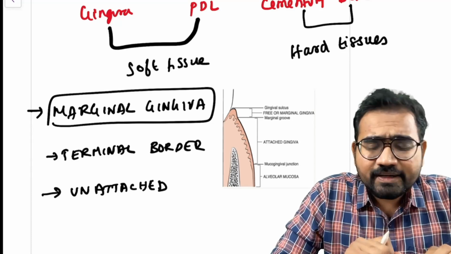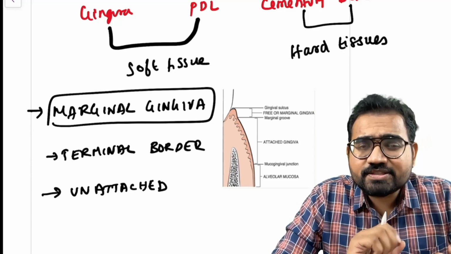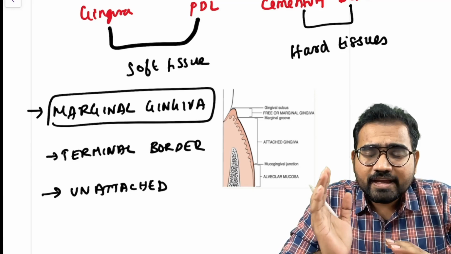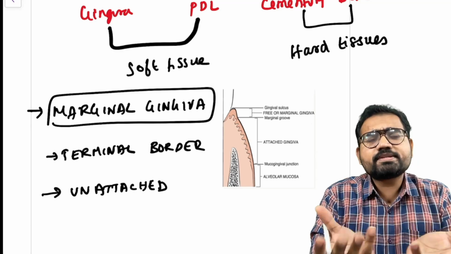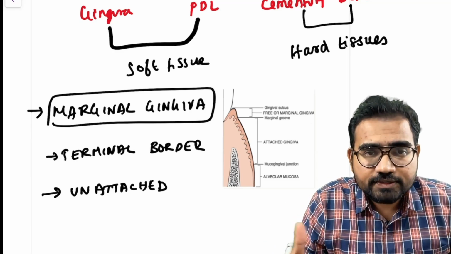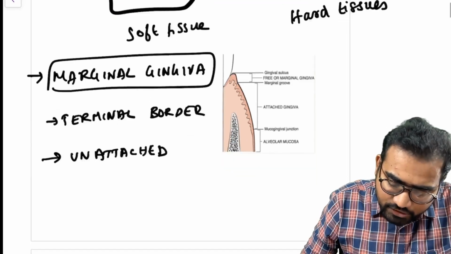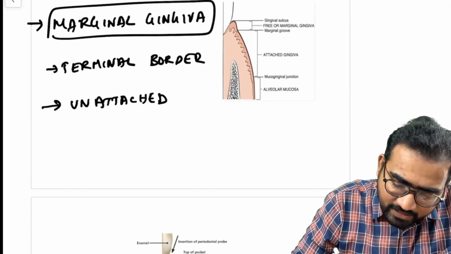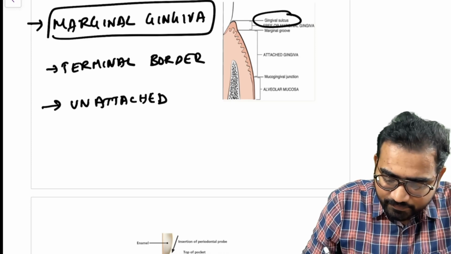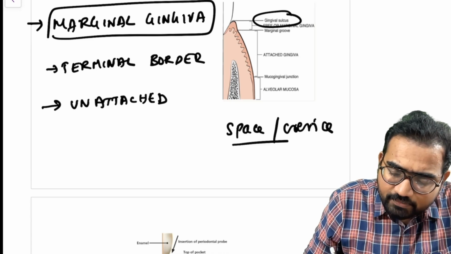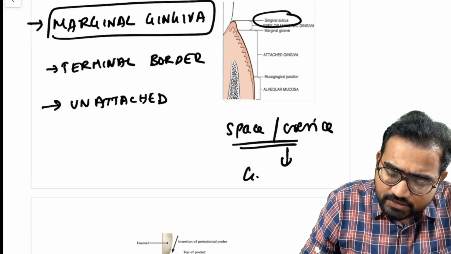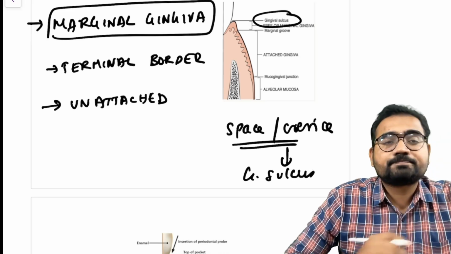So am I right in saying that since the marginal gingiva is unattached, it forms a space between the tooth and itself? Obviously it will form a space because it is unattached. So I'm going to call that space or crevice the gingival sulcus. The space or crevice which is formed by the marginal gingiva is called the gingival sulcus.